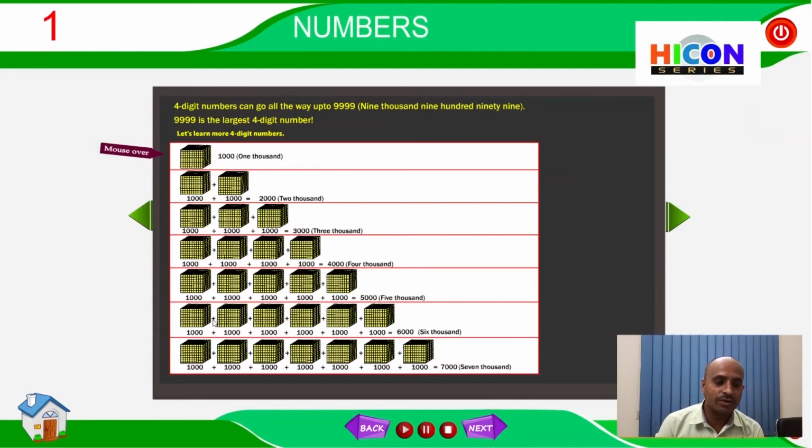See the sixth row. The sixth row contains 6 cubes and each cube represents 1000, and the total becomes 6000. Look at the seventh row.